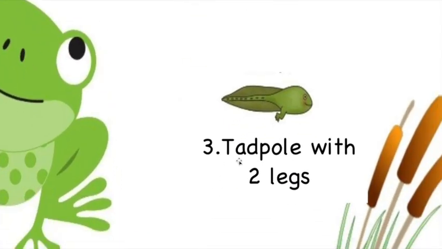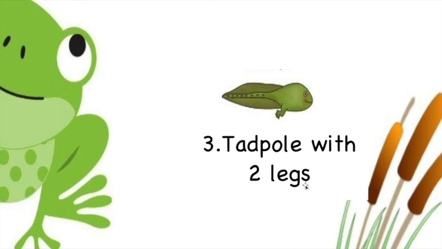Stage 3 is a tadpole with 2 legs. T-A-D-P-O-L-E space W-I-T-H space 2 space L-E-G-S. Tadpole with 2 legs.